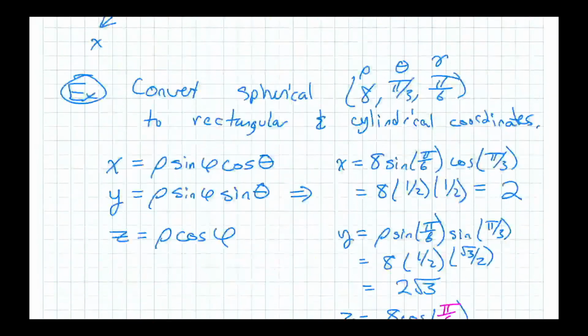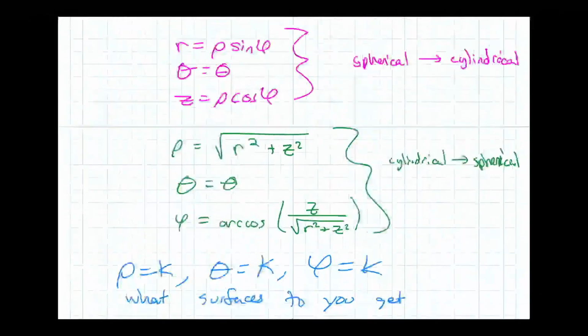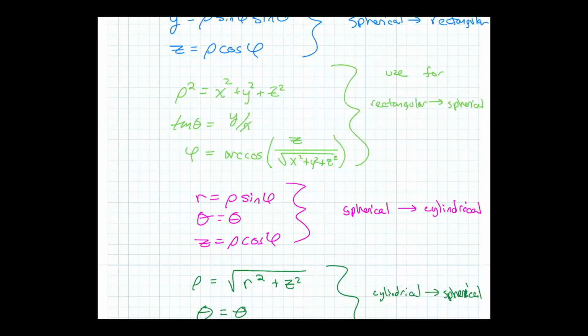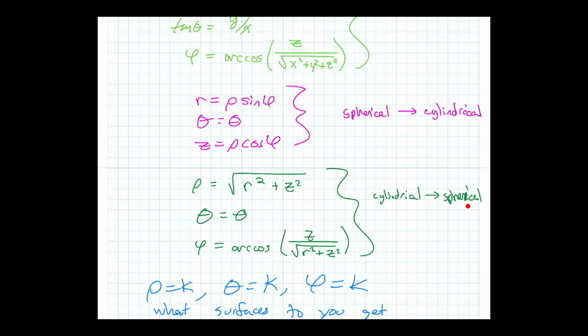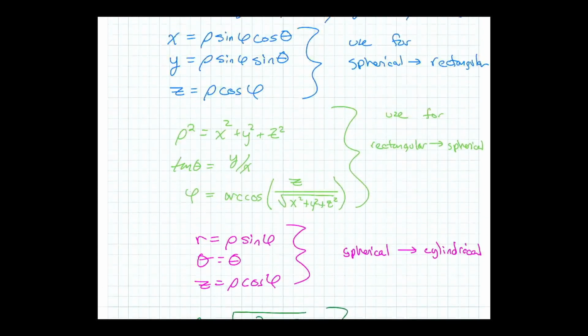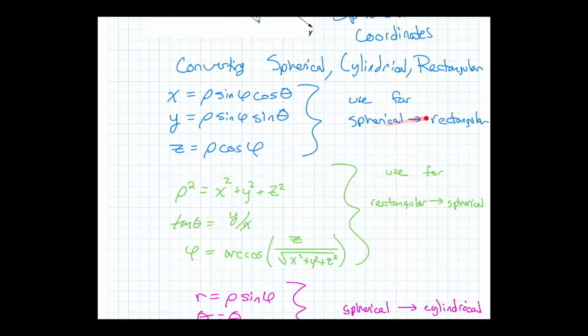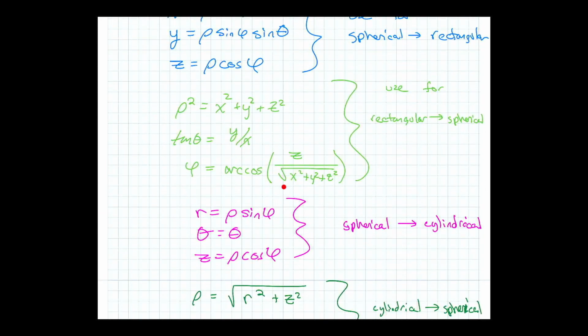So we come back up here to our list of equations and look at all of these. We don't want these because we're not going cylindrical and spherical. We're supposed to be going rectangular. So for rectangular, we're either using these or these. We don't want these because we don't have any phi's or thetas. That's why we look down here for the equations where we got the phi by itself.